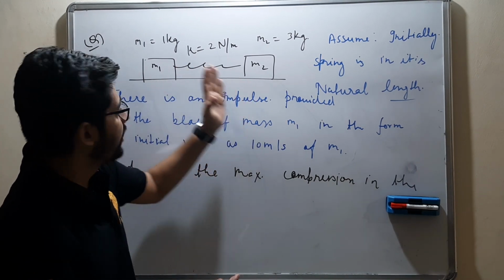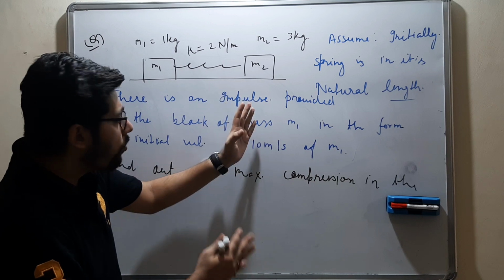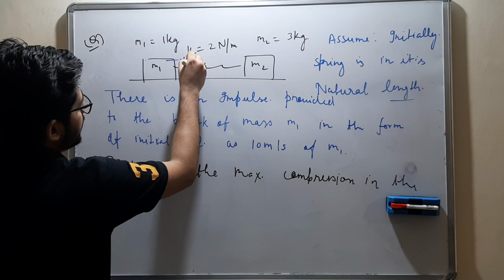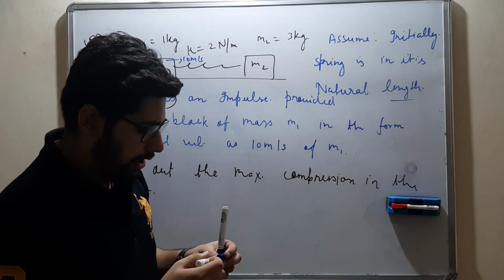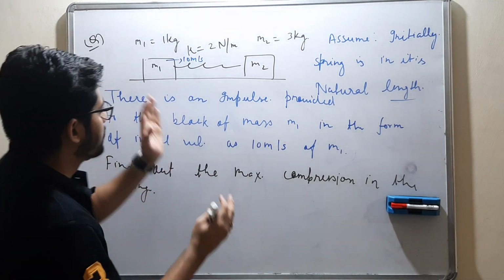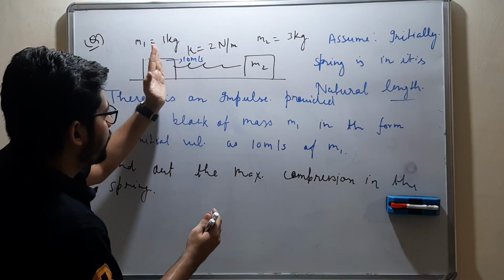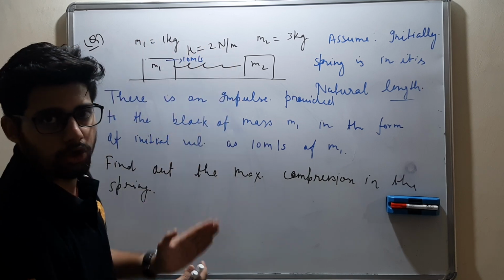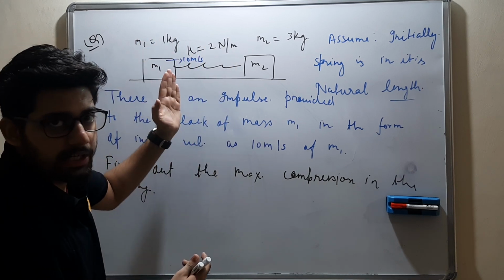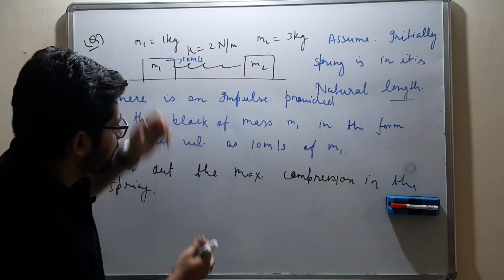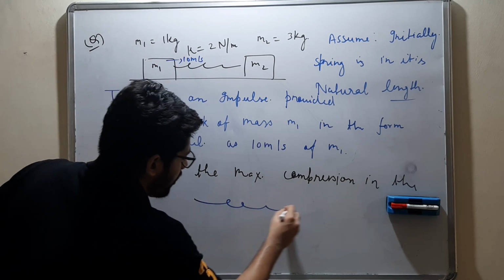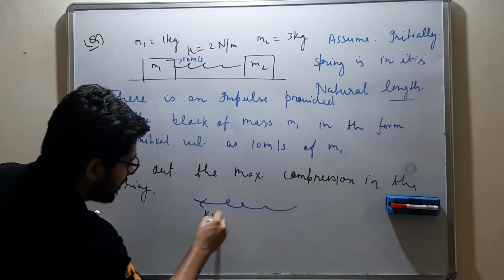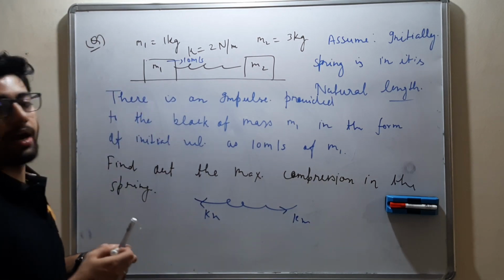So first of all, understand the question. Initially blocks are at rest, spring is not compressed at all. What happens when you provide a velocity of 10 meter per second at t equal to 0? This block will start pushing the spring, so the spring is going to be compressed. The spring will also apply a kx force after some time.